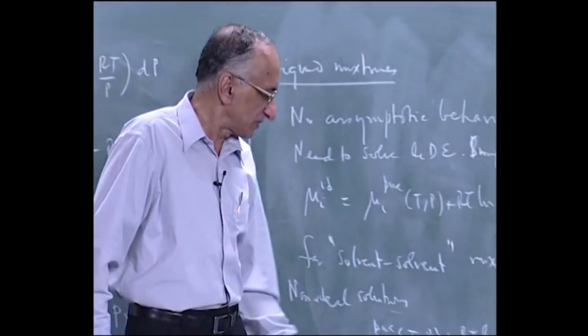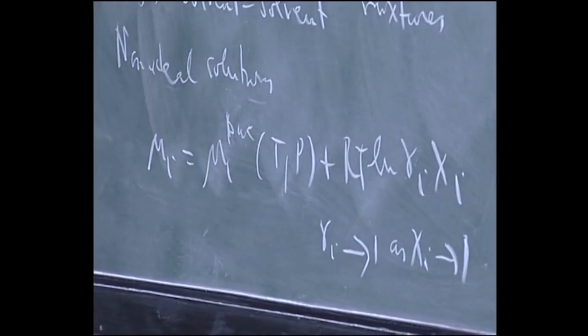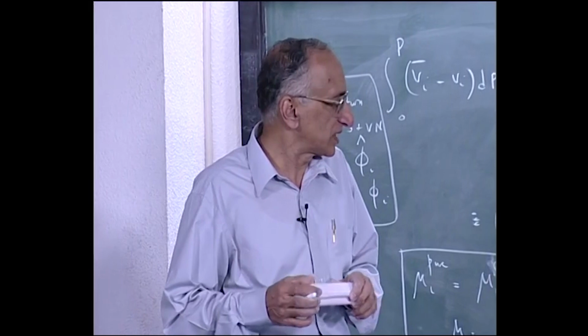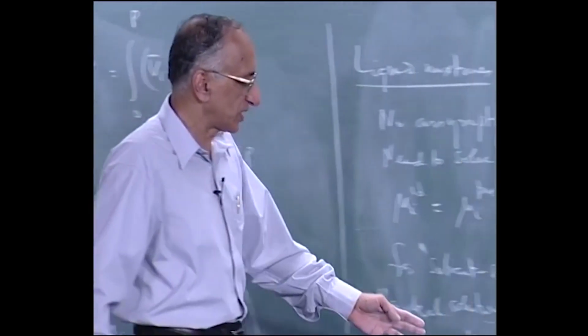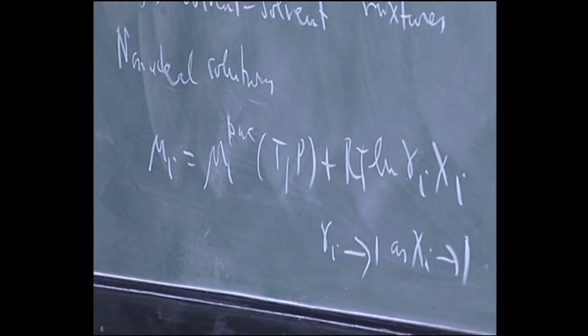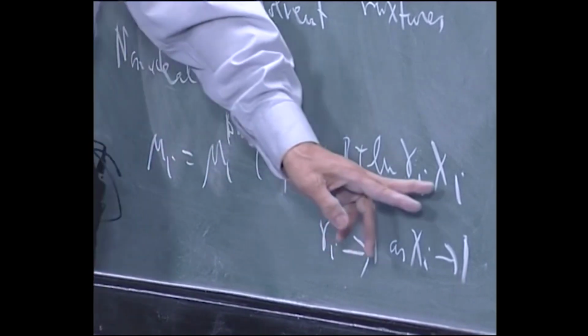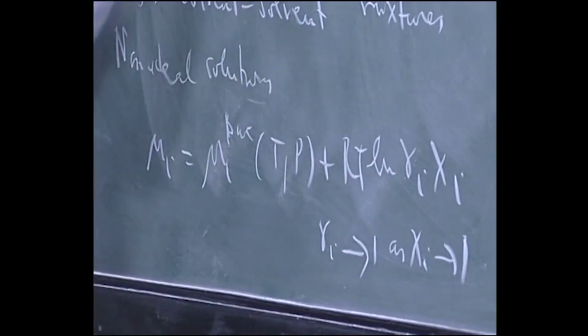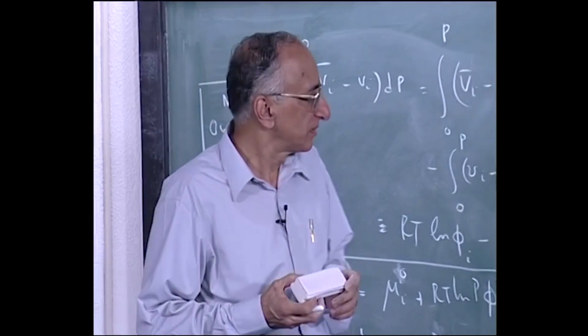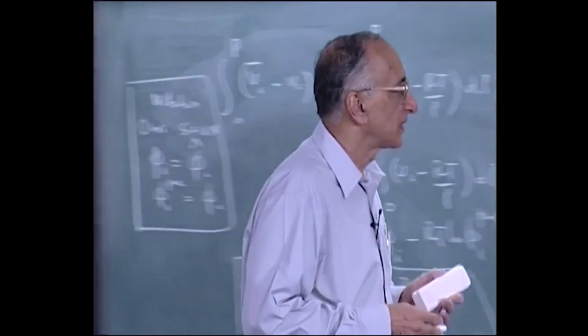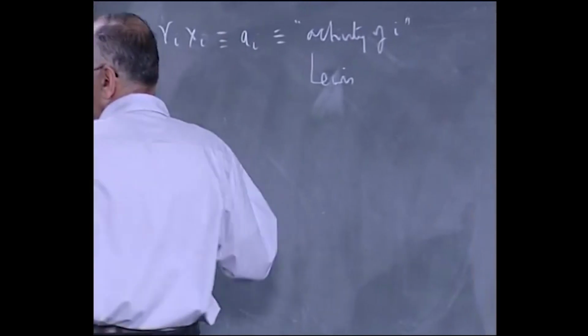When you take the difference, essentially this RT ln gamma I xi represents the work in bringing 1 mole of I into a mixture of J, say, if you have a binary system. And since the work depends on log of gamma I xi, if gamma I turns out to be 2, you will make a mistake of RT ln 2. It can be a large difference, that is all. So this is your activity coefficient.